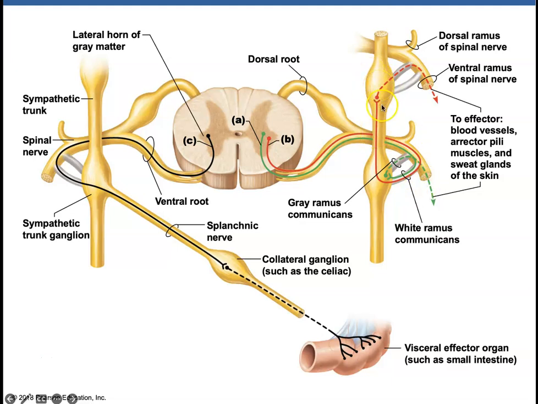The synapse can be within the sympathetic chain, either a little further up from or exactly parallel to where it originates in the spinal cord, where it synapses with a postganglionic neuron. It can also pass through the sympathetic chain, find the ganglion just outside, synapse with its postganglionic neuron, and then travel to its target organ.